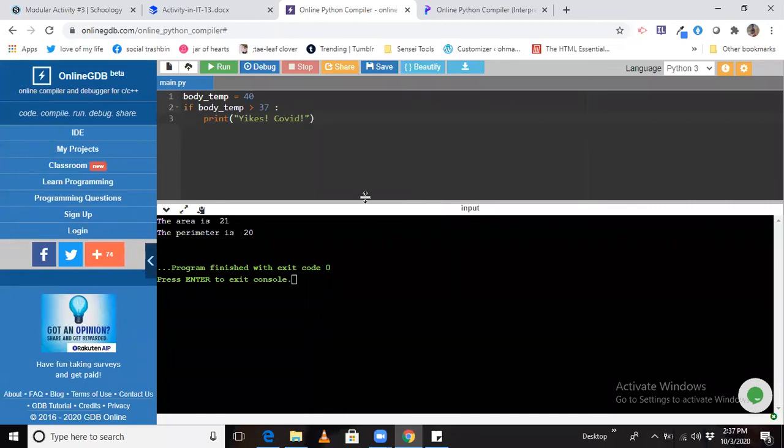Okay ba tayo sa desk check? Errors? Wala. So if condition, open block, run. Okay, 40. Paano pag less than? Normal, 36. Run. Wala siyang output. Okay?